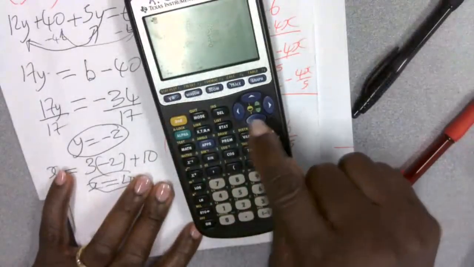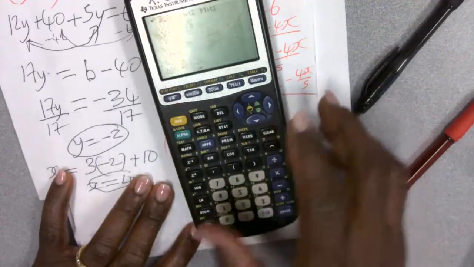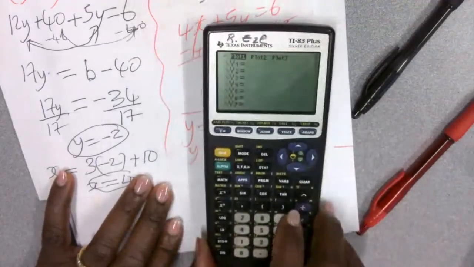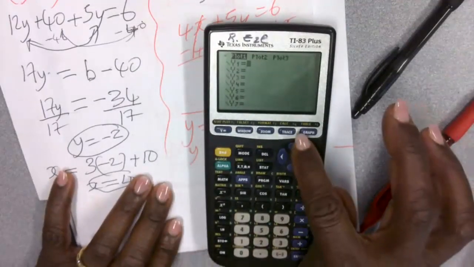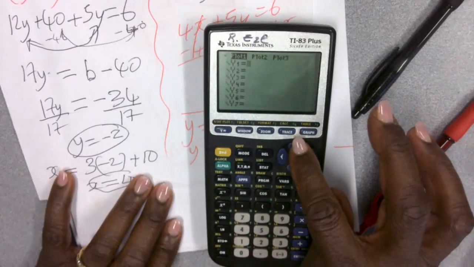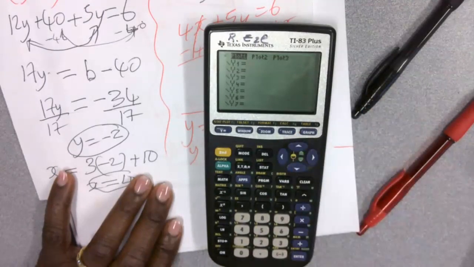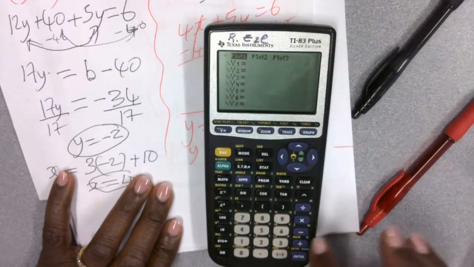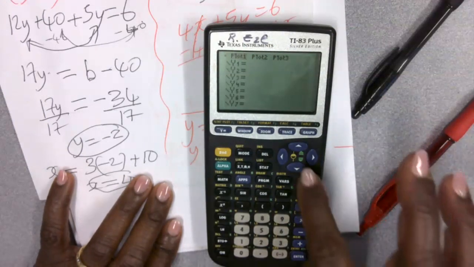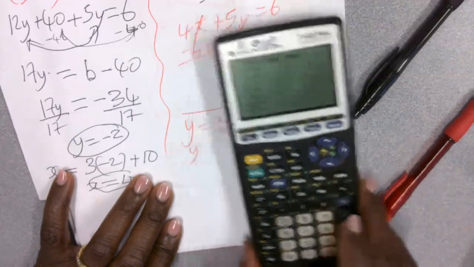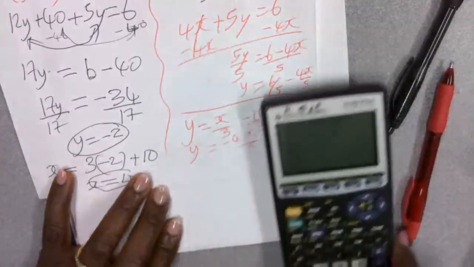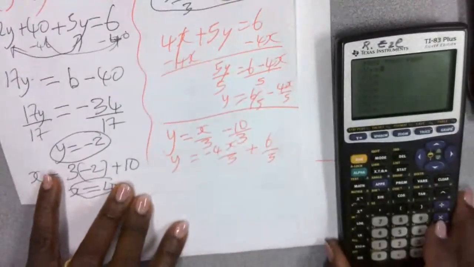So turn your calculator on, go to y equals. Before you start, everybody, remember that it will not let you graph any function if a plot is on. Do you agree? So de-highlight the plot that's on. Now I'm going to y1 and I'm going to substitute equation 1 in y1.